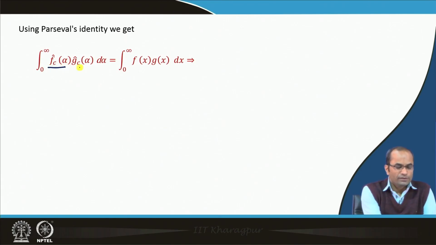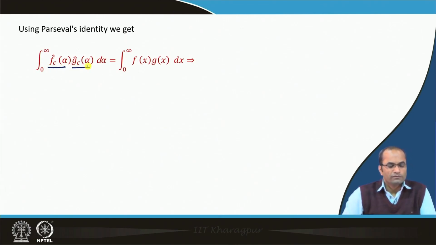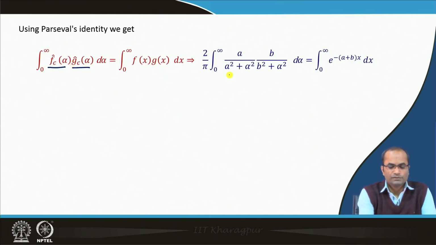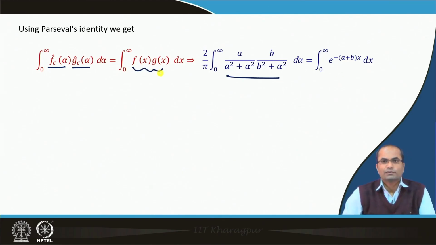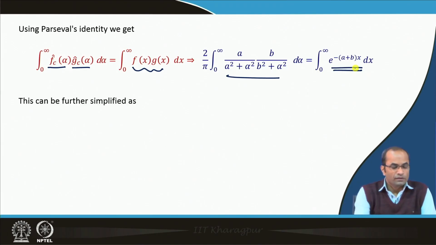So, we have this information now, the Fourier cosine transform of f and g. So, we can substitute there, and the right hand side, because the function was the exponential minus a x and exponential minus b x, that can be clubbed now and it can easily be integrated.